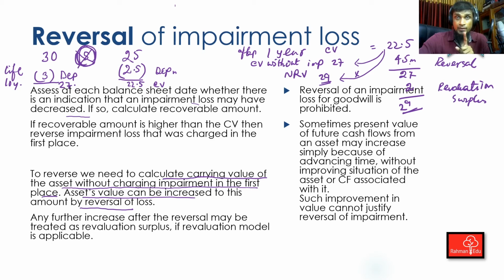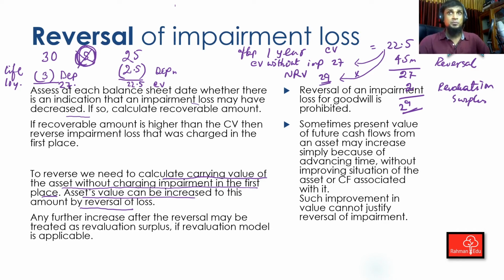It's okay because there are some other effects that already happened because of the passing of 1 year, like depreciation, 2.5 is charged instead of $3 million. So there is this 0.5 adjustment already happened over the year. So it's okay that your reversal of impairment loss is 4.5, where your original impairment loss was $5 million.